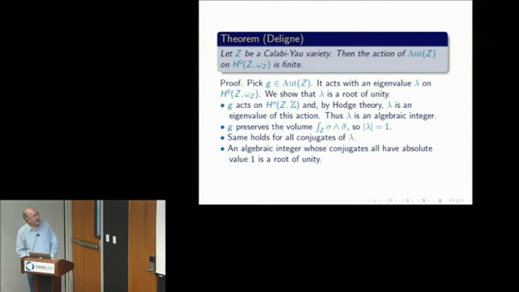And now, well, we would like to prove that the same holds for all the conjugates of lambda. Well, how do I do that? So Z is some kind of algebraic variety that's defined by some kind of equation. If I apply any automorphism of C over Q to it, I get some other algebraic variety where this action will be with the corresponding conjugate of lambda.